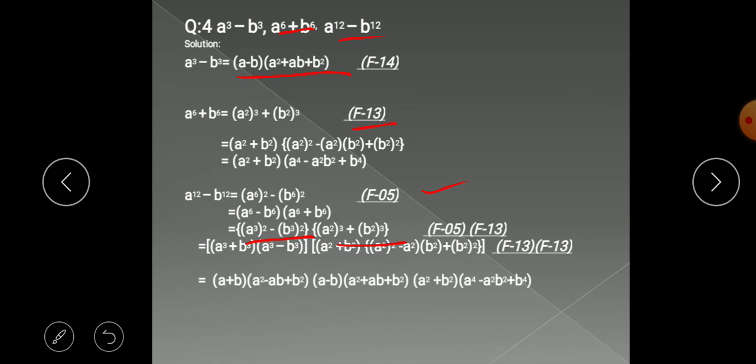Okay, so after finding the factors of a12 minus b12, now we will find the highest common factor.